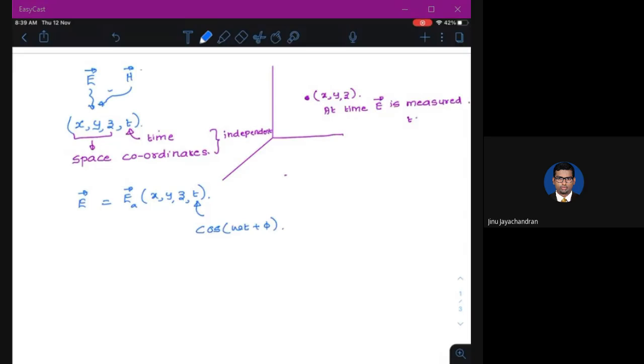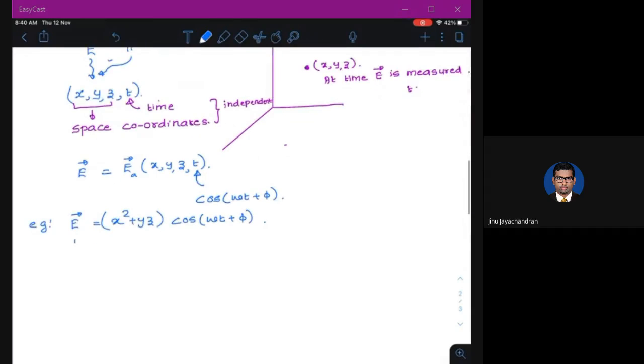For example, I can write E as, this is an example, x square plus yz into cos of omega t plus phi. This implies my electric field at point 1 comma 1 comma 1 is equal to 1 plus 1 into 1 into cos of omega t plus phi, that is 2 cos of omega t plus phi.